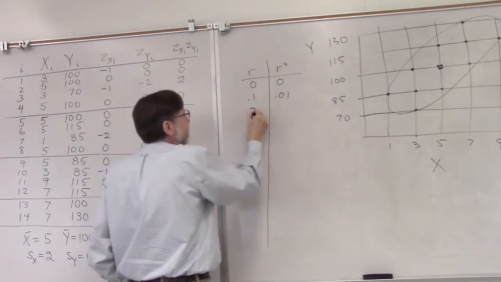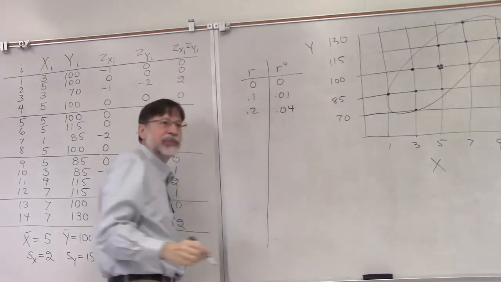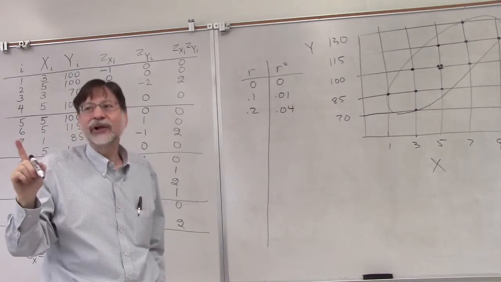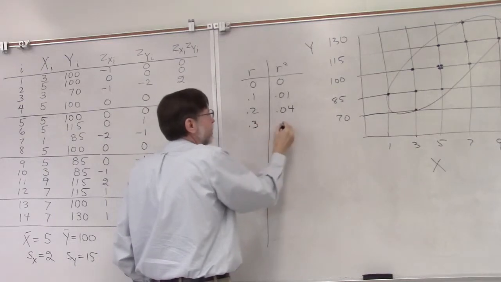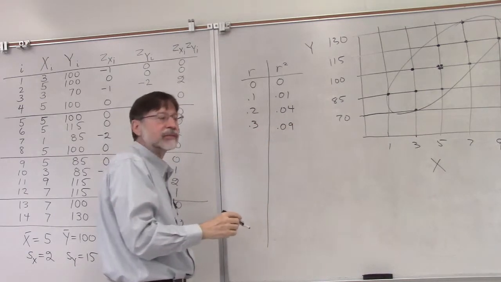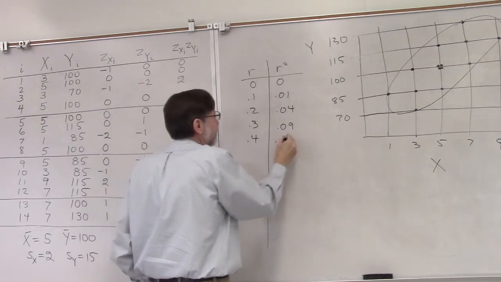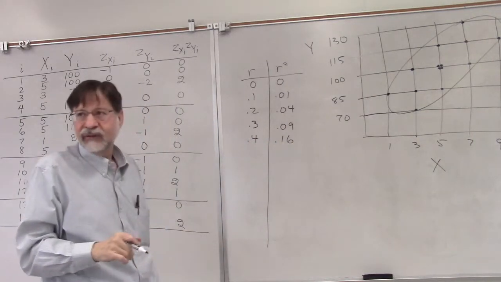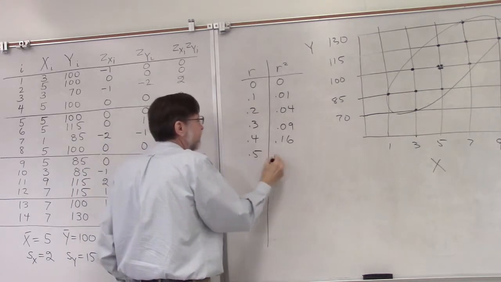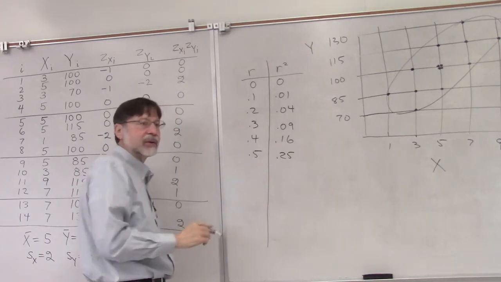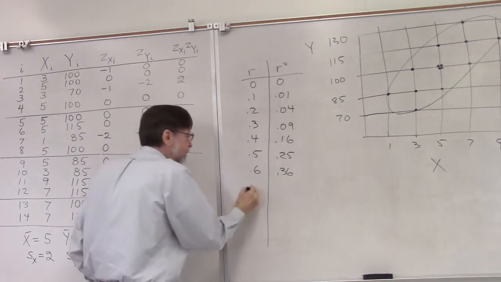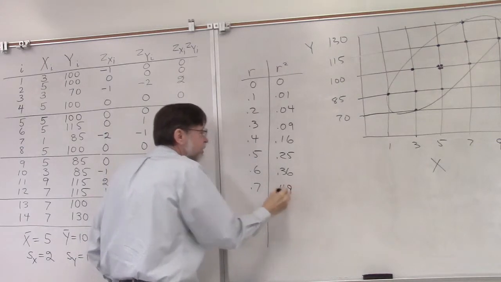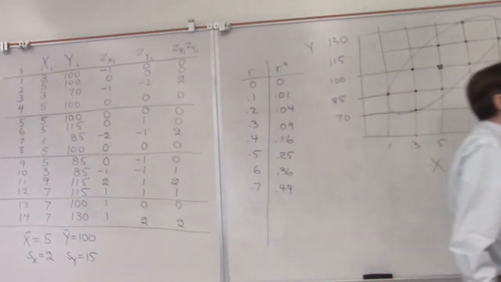A correlation of 0.2 gives 0.04, the example I just gave you: today only, everything is 4% off. 0.3 squared is 0.09, that's 9% off. 0.4, that's 0.16, 16% off. 0.5, that's 25% off. 0.6, that's 36% off. 0.7, that's 49% off. So a correlation of about 0.71, that's about 50% off.